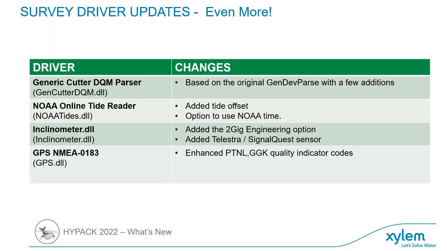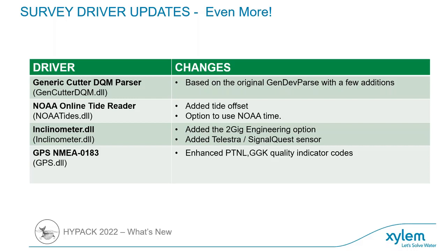A dredge pack driver, generic cutter, DQM parser based on our GenDev parse, specific for DQM cutter dredges. Some modifications to the NOAA online tide reader, reads right from the NOAA website for whatever tide gauge you choose. We've added some functionality to the inclinometer driver, the 2 gig engineering, and also Telestra SignalQuest sensors have been added.